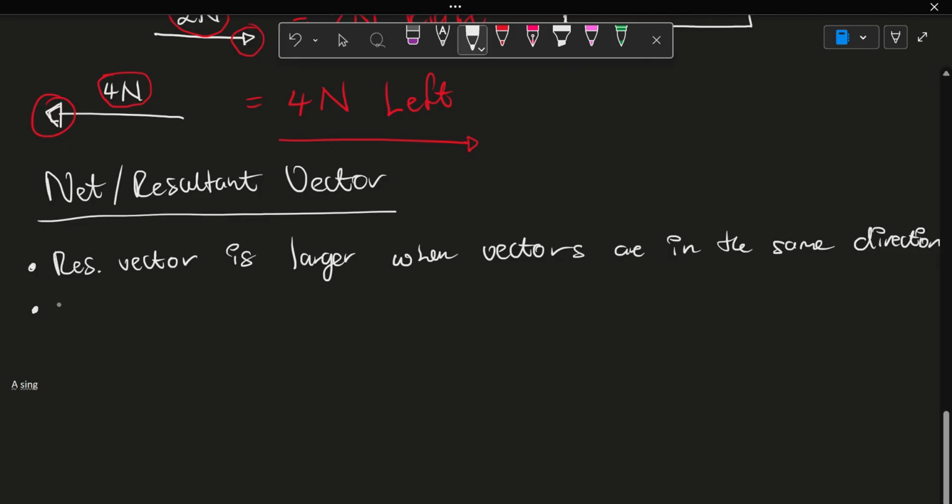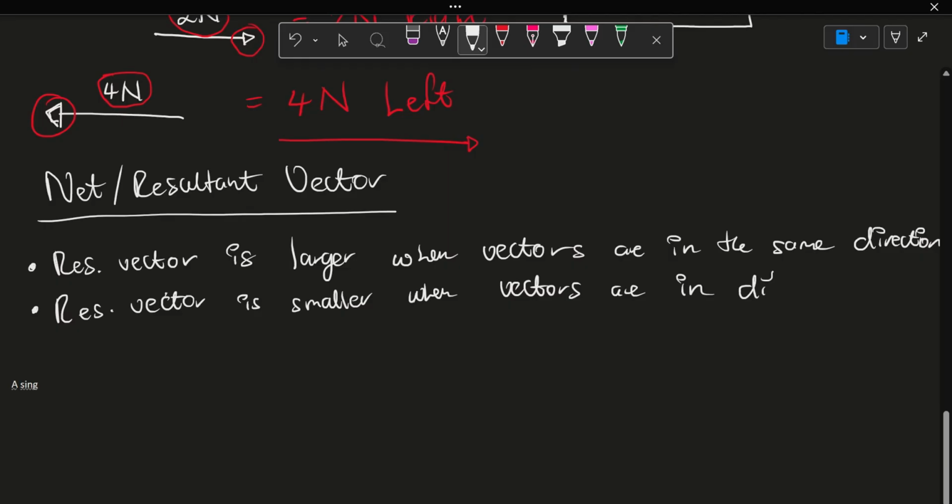And obviously the opposite is true. The resultant vector is smaller when vectors are in different directions. Yeah, that's a very important point.